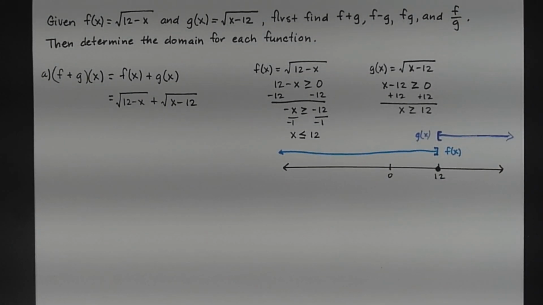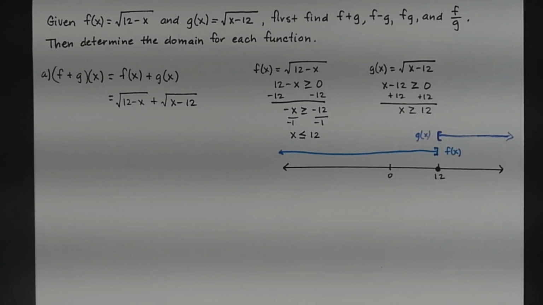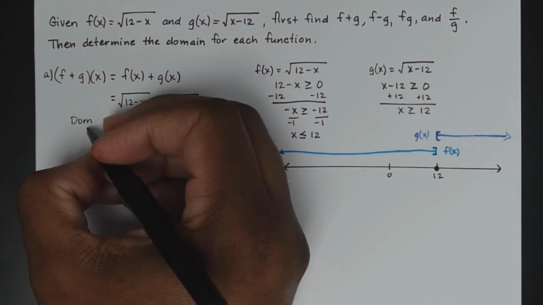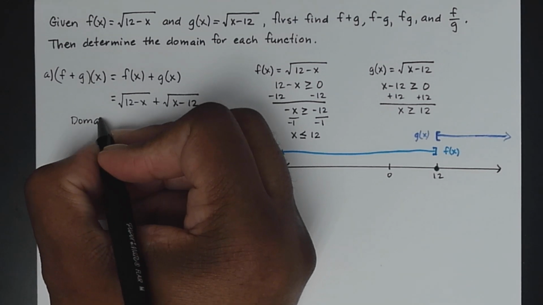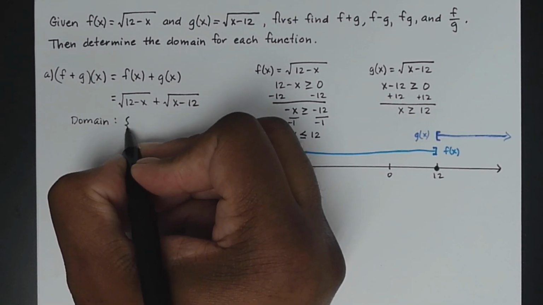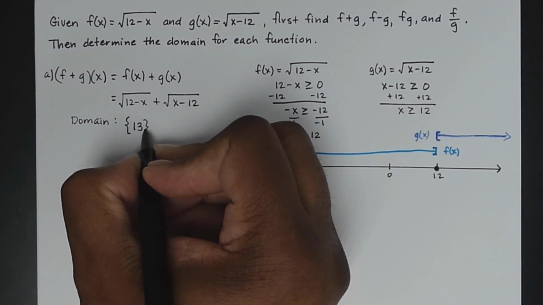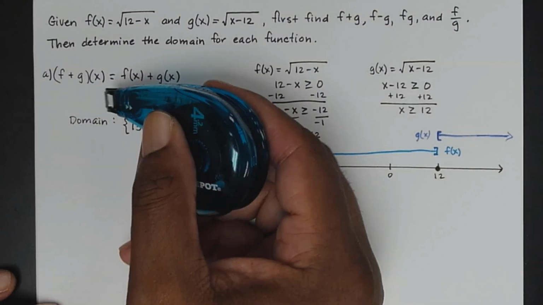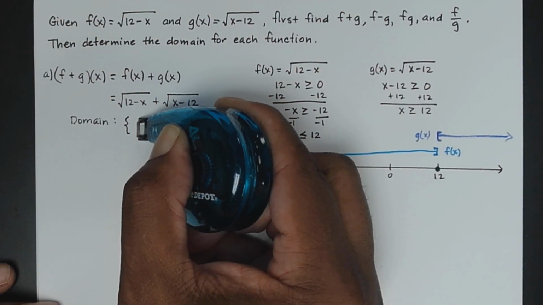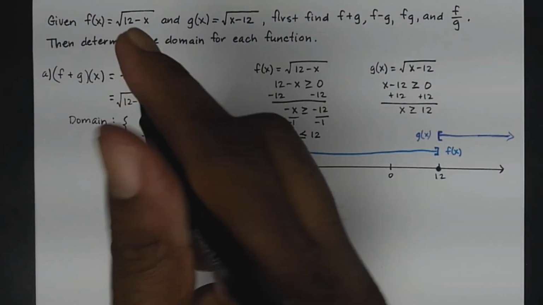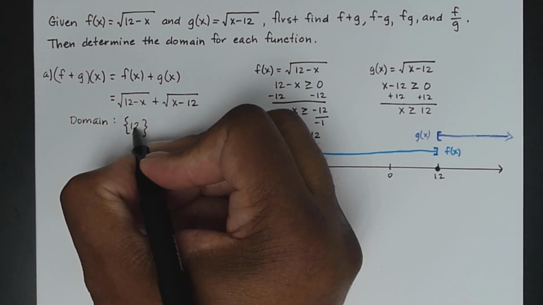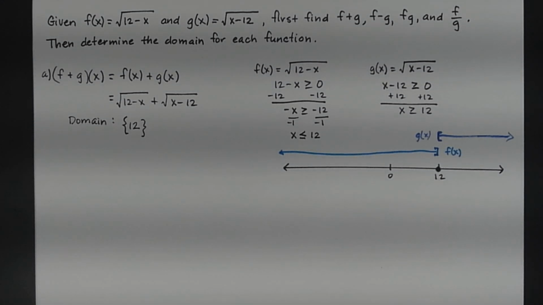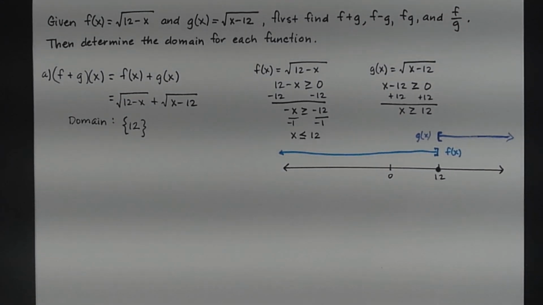So in this case, my domain for the sum of f and g of x will be the number 12. I apologize for that. So that 12 will be the domain for the sum of the two functions f and g.